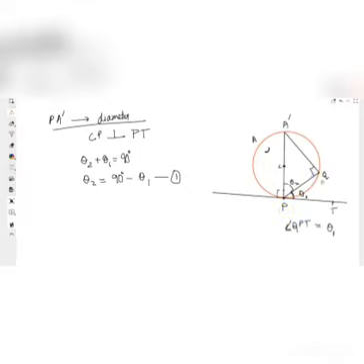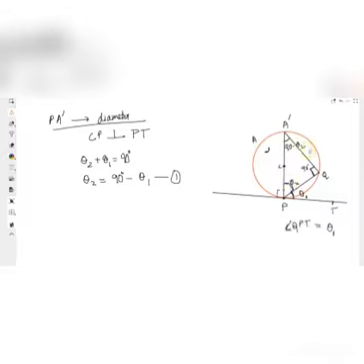Now just now we have learned that if this is a diameter, the angle it subtends on the circumference is 90. So if this angle is 90, what is this angle? From the angle sum property of a triangle, this angle should be 90 minus theta 2, because this angle is theta 2.